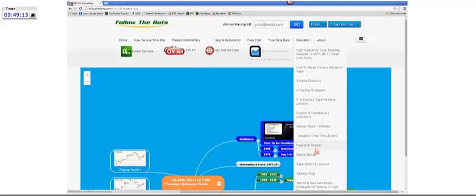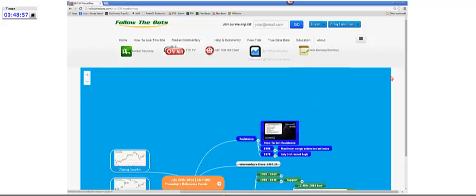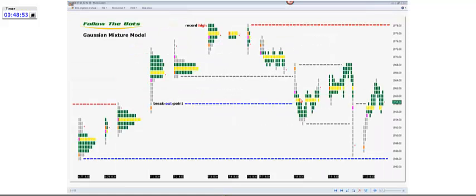So if you have the time to visit the site, please peruse and look around and see what's there. I think you'll find that there is indeed a lot of useful and beneficial information.